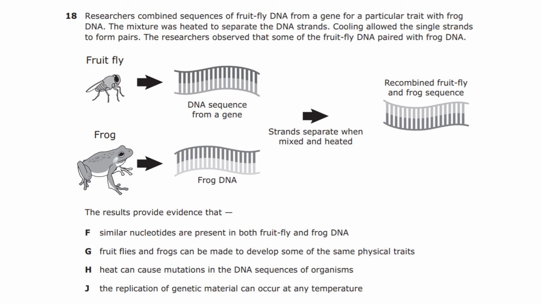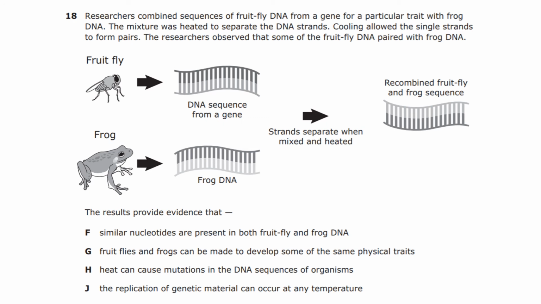This last question that we're going to cover today has to do with DNA again. And notice we've got a diagram here to interpret. So we've got a fruit fly and a DNA sequence from a gene, and a frog and a DNA sequence from a gene. And it says strands separate when mixed and heated. And then it says recombined fruit fly and frog sequence. So let's read what the paragraph of the question says. Researchers combined sequences from fruit fly DNA from a gene for a particular trait with frog DNA.